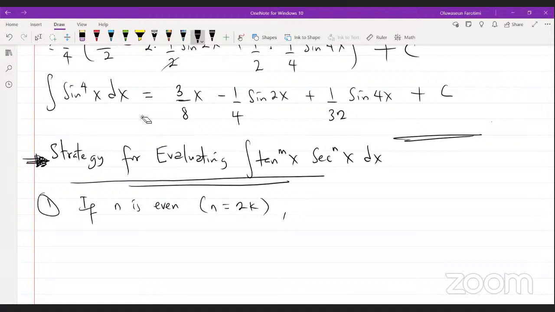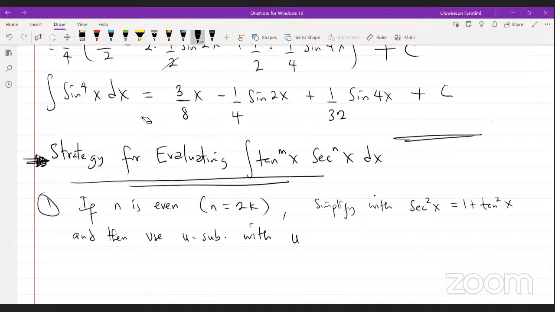Of course, keep in mind that you do exactly the same thing we did before. In this case, secant squared x equals 1 plus tangent squared of x. And then use u sub with u equals tan of x in this case. We're going to see an example where we can apply this.